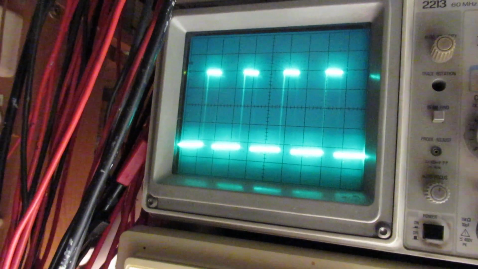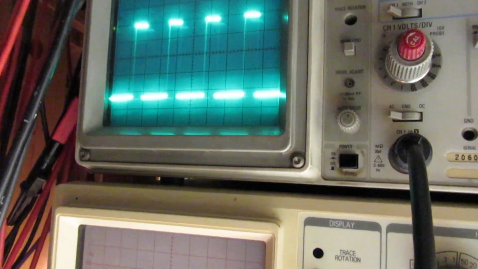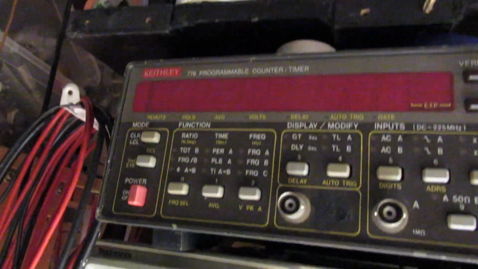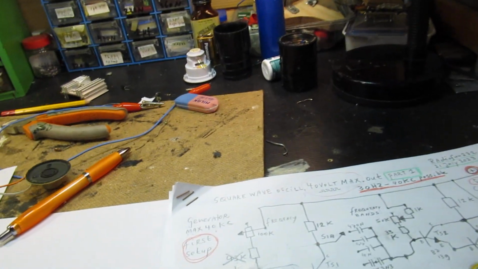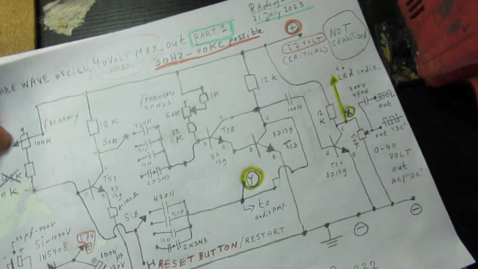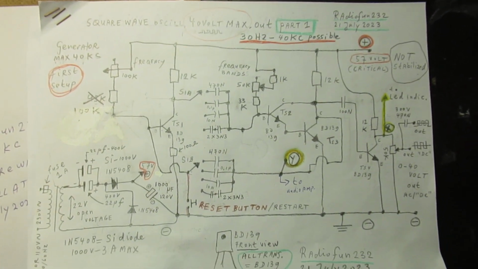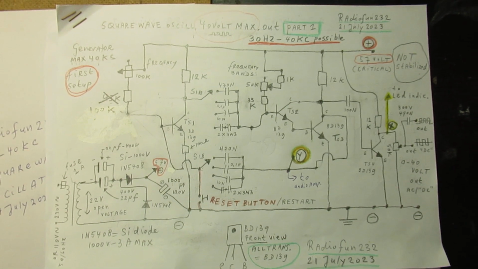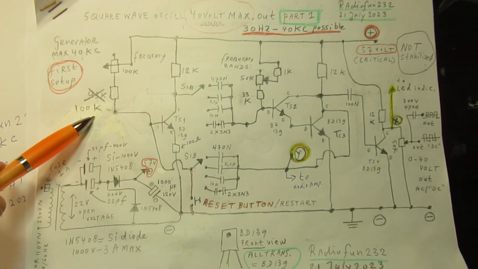Say it's now 3000 hertz or so, whatever. I have not connected my counter to this circuit, but anyway, what are the most important things to tell? Perhaps again, change this resistor to 100 kilo ohms.